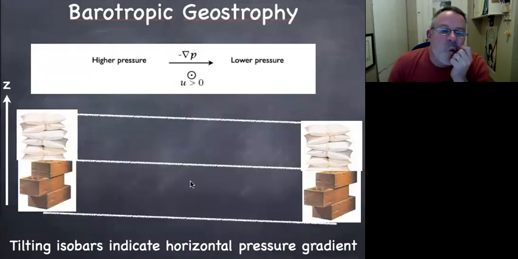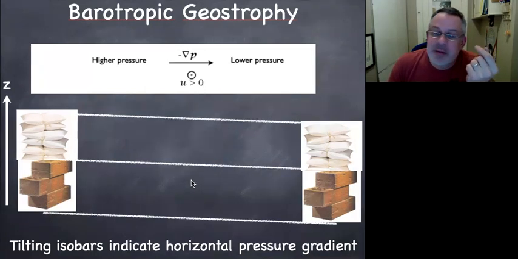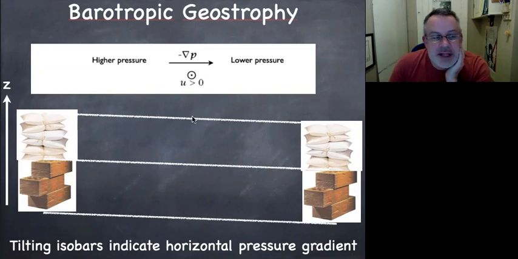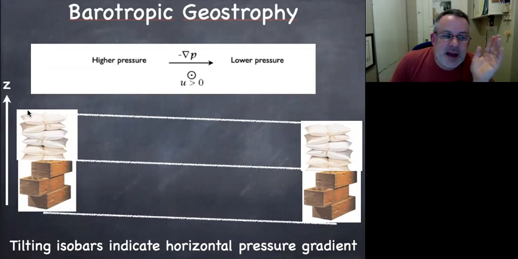Okay, what happens if we are not barotropic? That's the last thing I want to talk about before we close this video. So here's what barotropic looks like in terms of pillows and bricks. So the sea surface height, high pressure, low pressure, because this stack of pillows starts higher up than this does. So here is an isobar looking in from side view.